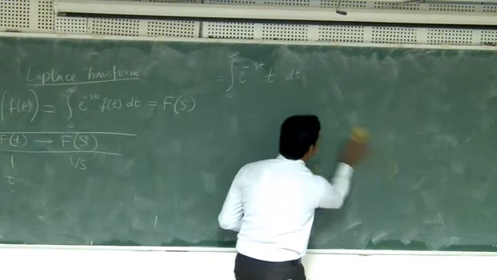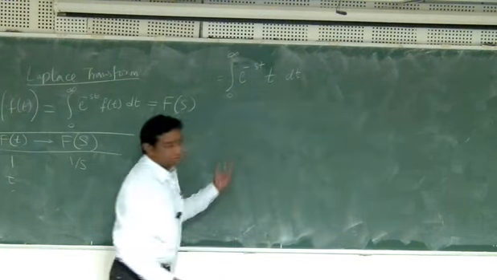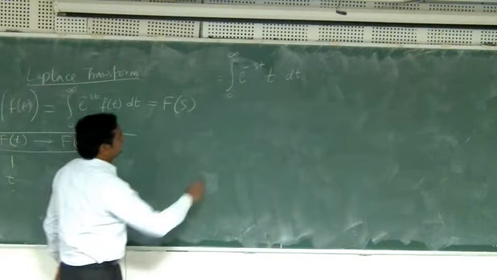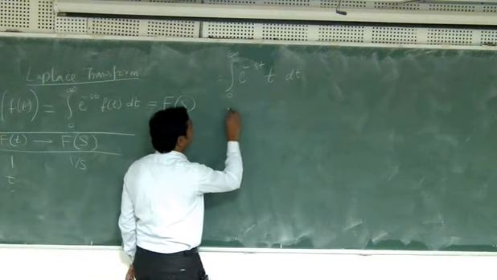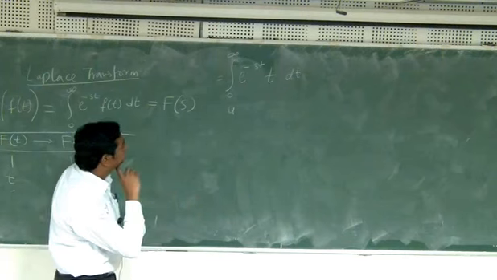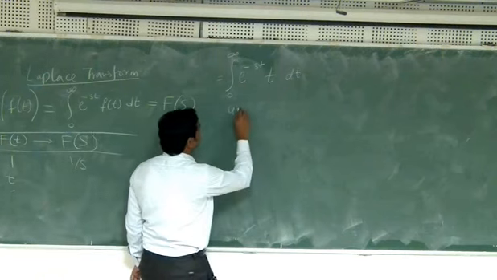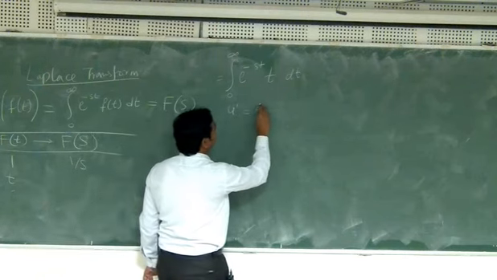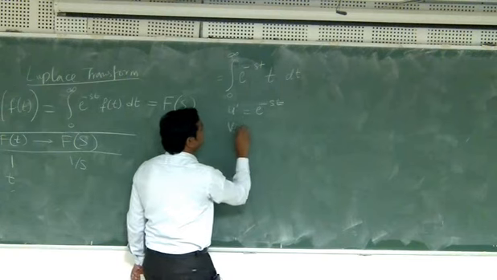We can quickly apply the UV rule just to find out what it is. So let's take u dash equal to e to the power of minus st, and then v equal to t.